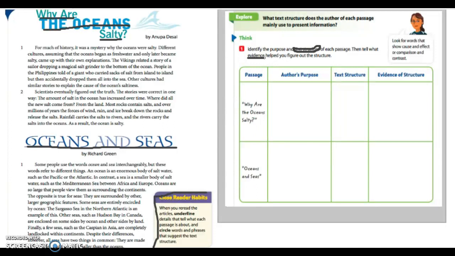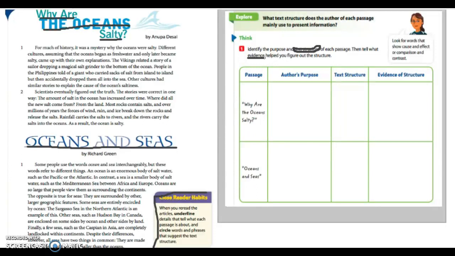Please put your finger on the first word. Why are the oceans salty? Paragraph 1. For much of history, it was a mystery why oceans were salty. Different cultures, assuming that the ocean began as fresh water and only later became salty, came up with their own explanations.